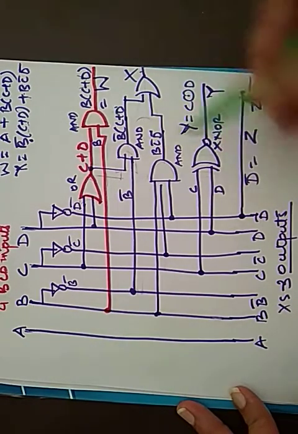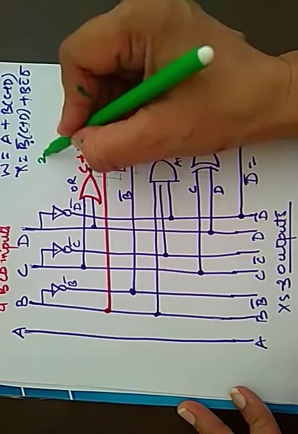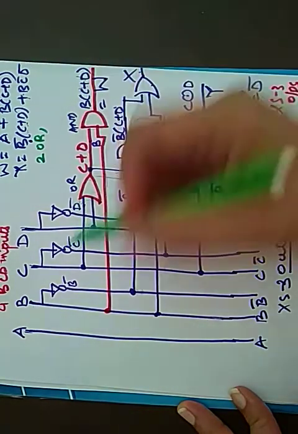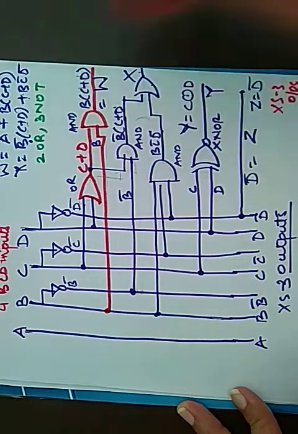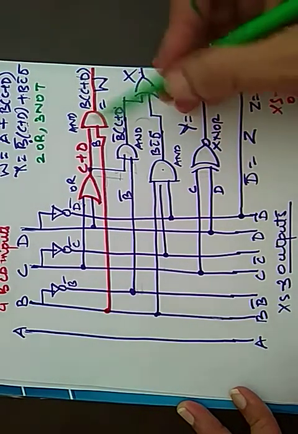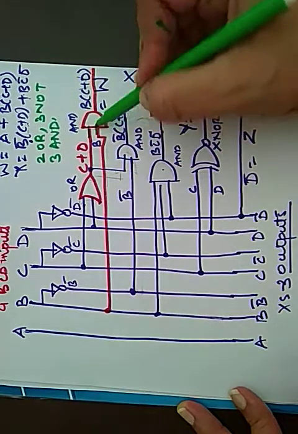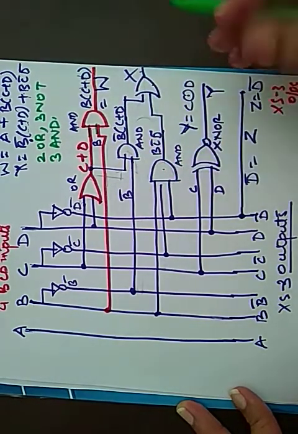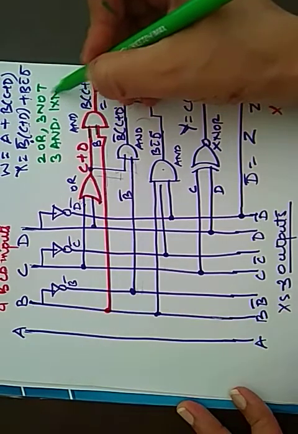You can see that you need 2 OR gates, 3 NOT gates, 3 AND gates, out of which 2 are 2 inputs and 1 is a 3 input, and 1 XNOR gate.